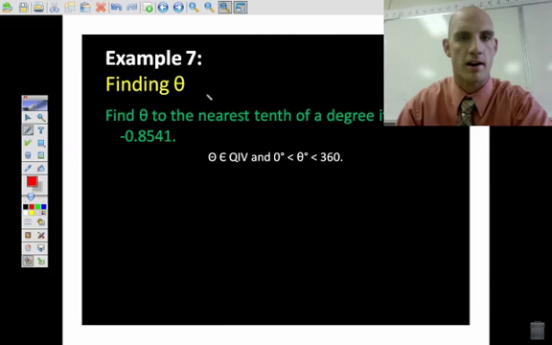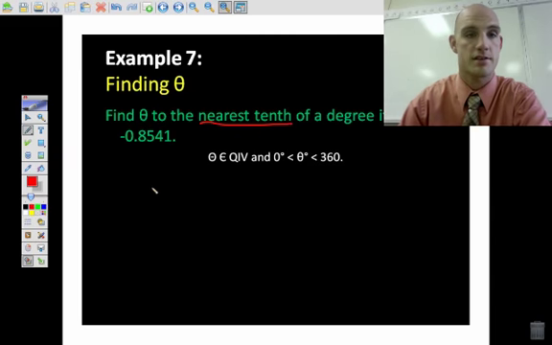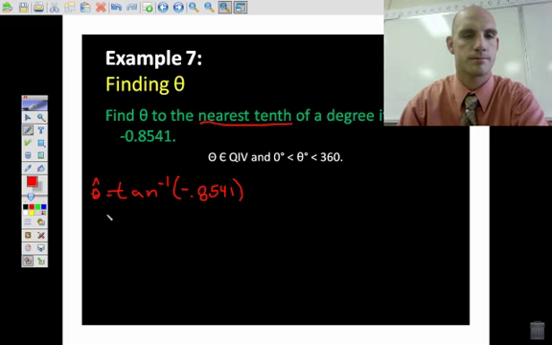Okay, let's try another one here. Find theta to the nearest tenth of a degree if tangent theta is equal to negative 0.8541. Once again, we're going to take the inverse ratio of negative 0.8541, and that's going to be my theta hat.